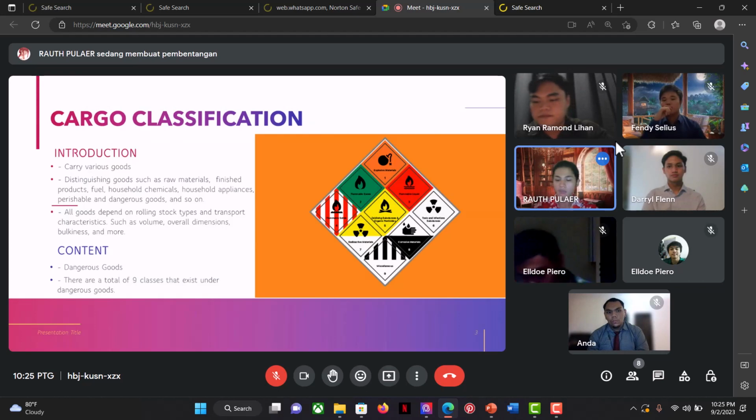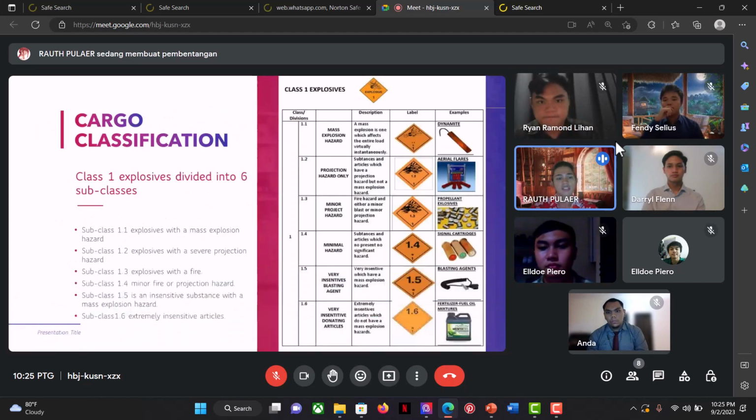Moving on to the first class, which is explosives. Explosives are divided into 6 subclasses. Subclass 1.1, explosive with mass explosion hazard, means explosives with a wide range of explosion, if any explosion occurs during cargo handling or during shipping.